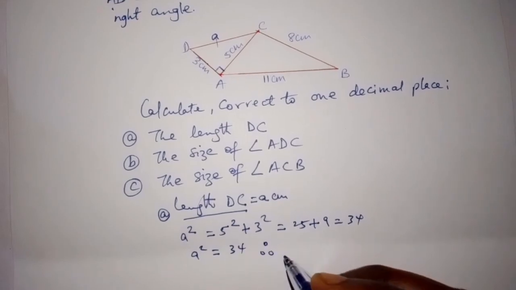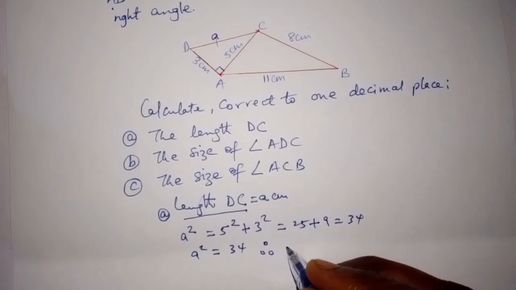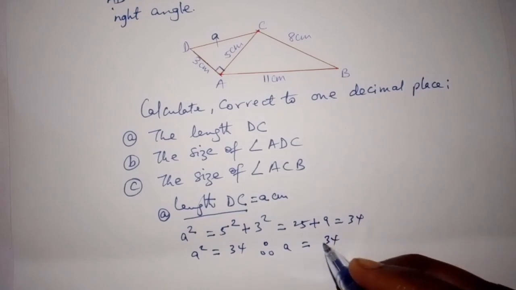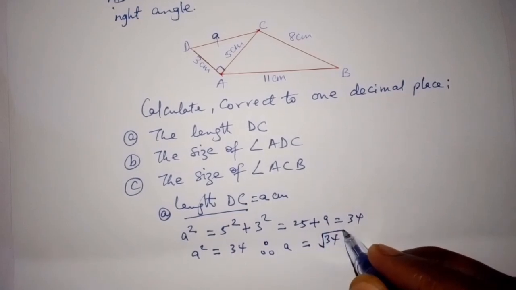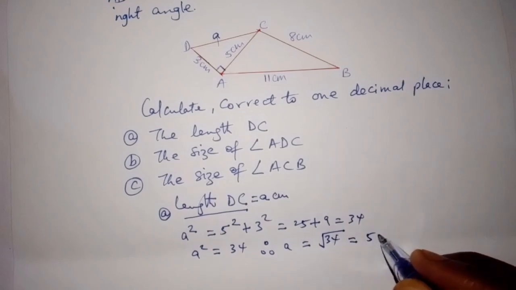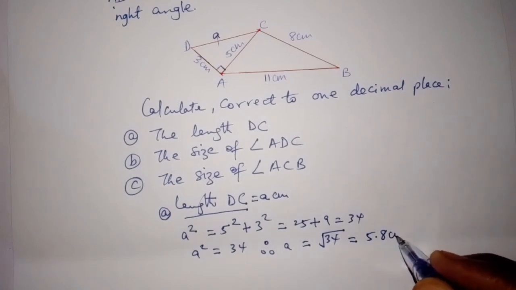Therefore, a is equal to the square root of 34, which is giving us 5.8 centimeters.